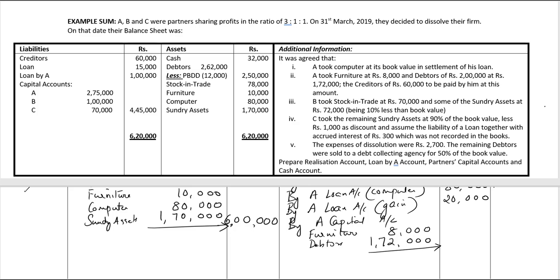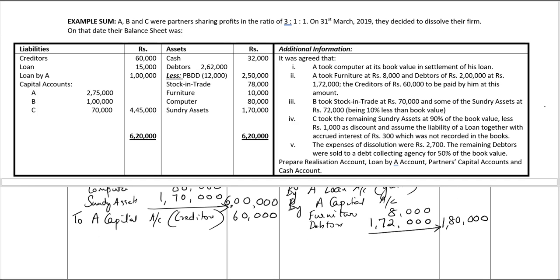Total assets taken over by partner A is 1,80,000 rupees. And for the liability of creditors taken over by A to A capital account, for the creditors which is taken over, the amount is 60,000 rupees.